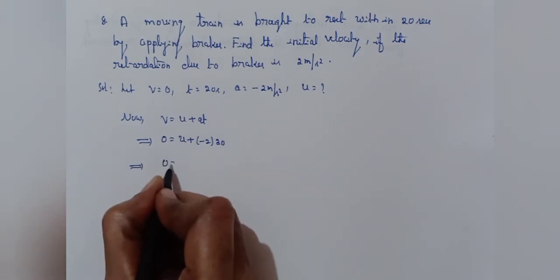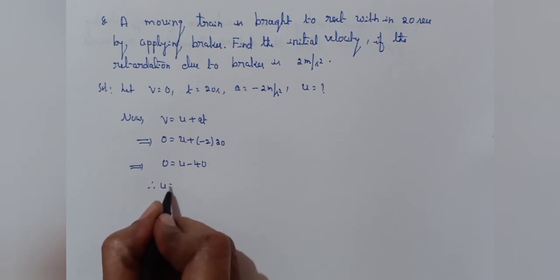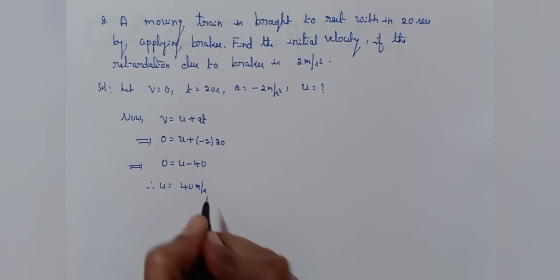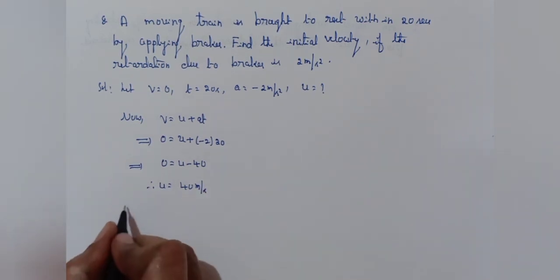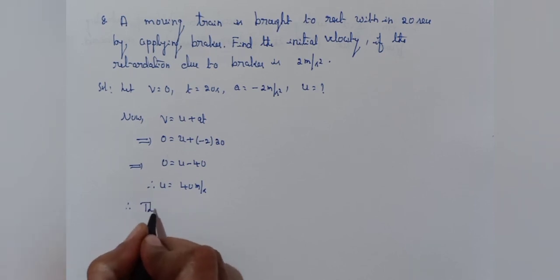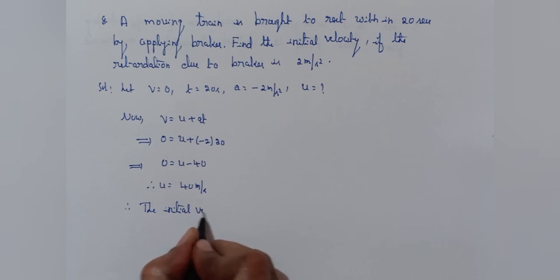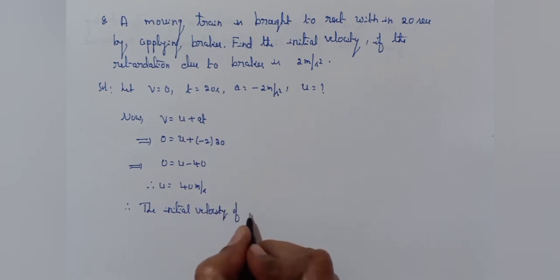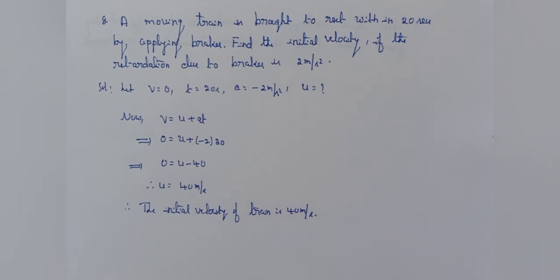So 0 is u minus 40, therefore u is equal to 40 meter per second. Therefore the initial velocity of the train is 40 meter per second.